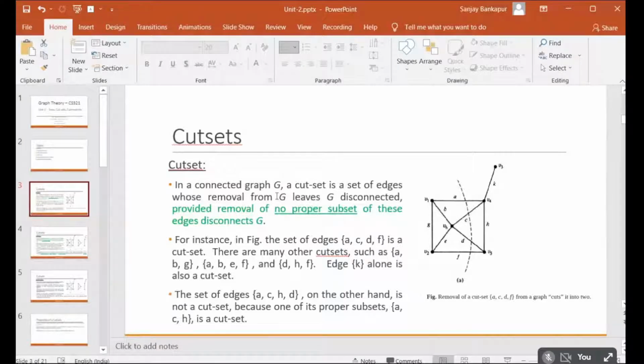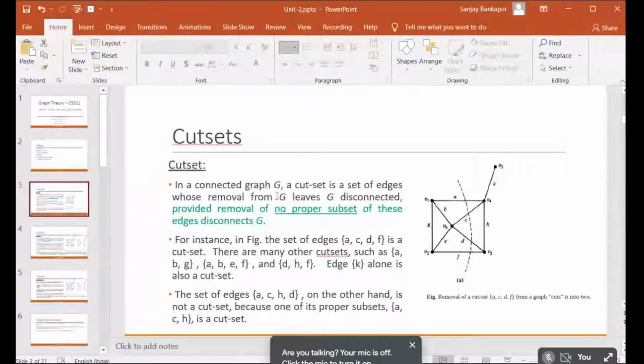If we cut those 4 edges of the given set, we remove those edges, then the given graph G becomes disconnected. And those 4 edges are called a cut set only if there's a condition: only if that set is a minimal proper subset.